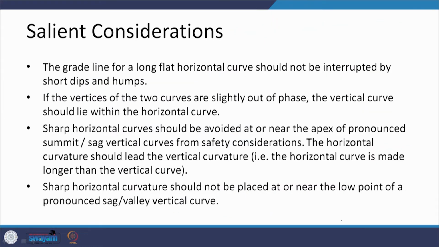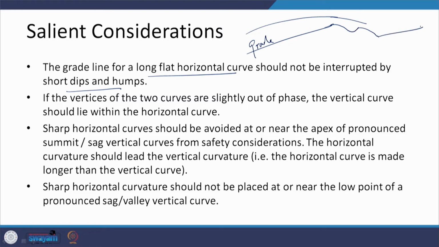Now, the grade line for a long flat horizontal curve should not be interrupted by short dips and humps. So, you are going continuously straight like this. This is a grade line, and there is a horizontal curve which is coming on the top of that, but after that what we see is that there is a dip like this or a hump like this or a dip like this, and then we go.